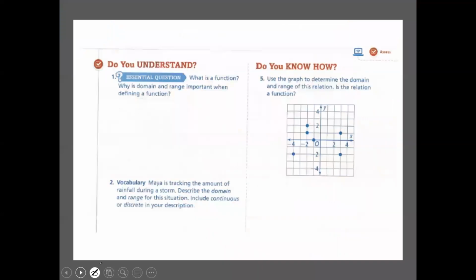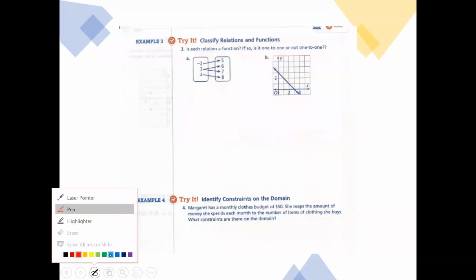All right, example 3. Now instead of having a list form, which was the first form that we had, a list form of all of the numbers, here you have a second form, which is a mapping and a graph. Question number 3 says, is it a relation? Is each relation a function?